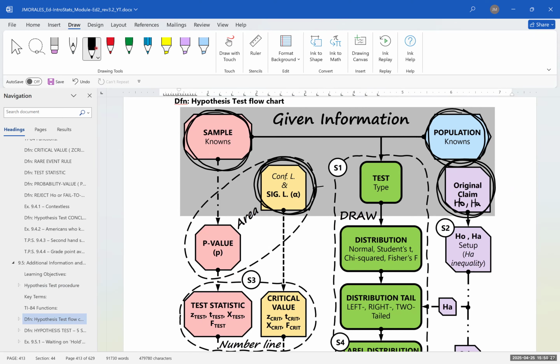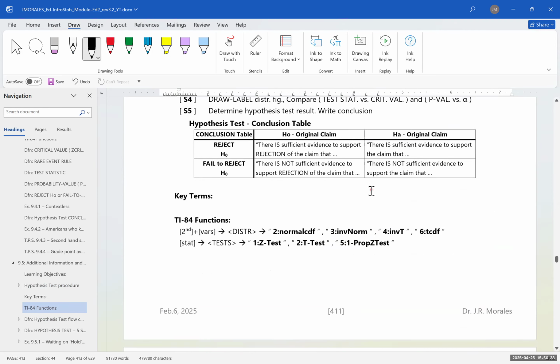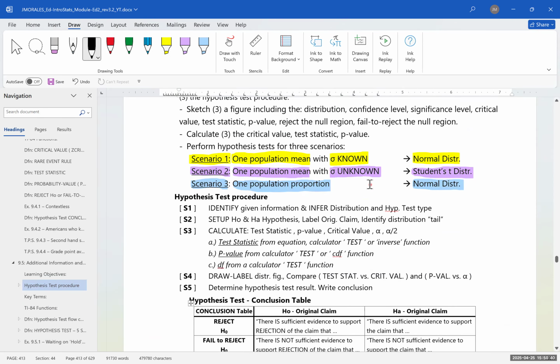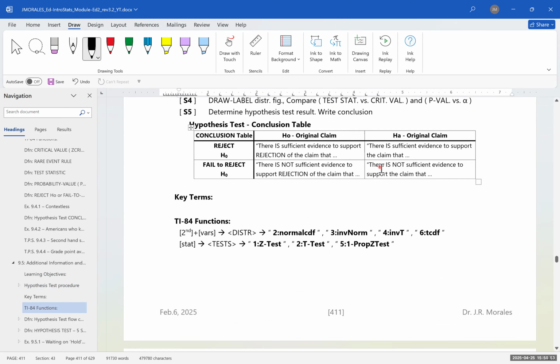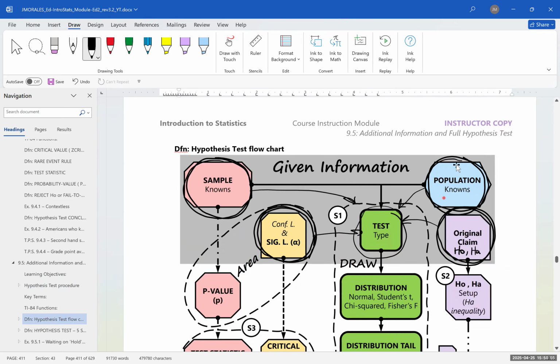And from these things, you're going to put these together and derive what type of test we are doing. And what I mean by what type of test is which of these 3 scenarios. That is the type of test we're talking about. And so you can see that here with the things that we know about the population.